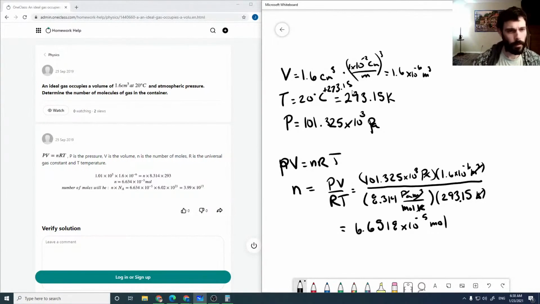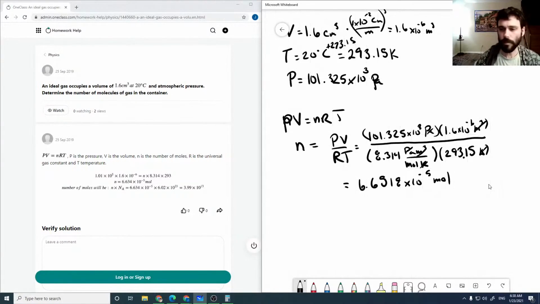Okay, and then it wants to know the number of molecules. So the number of molecules would be this value times Avogadro's number.